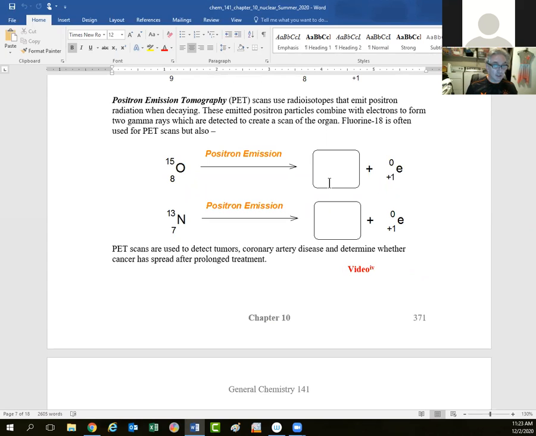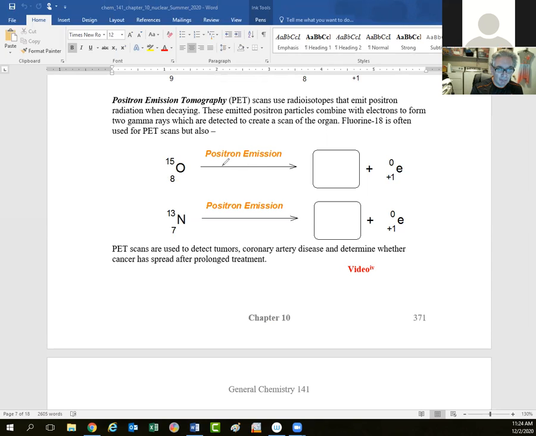So we'll look at these two. An unstable form of oxygen. You would predict it to be unstable because there's an unequal number of protons and neutrons. We said on Monday we're normally looking for equal numbers of protons and neutrons for a stable isotope in the top half of the periodic table.